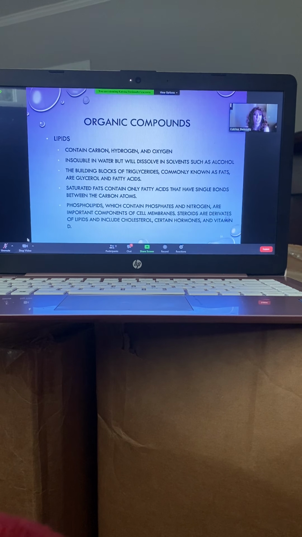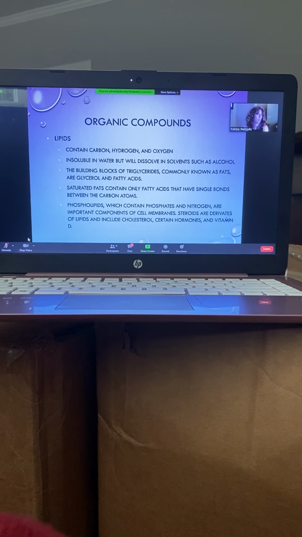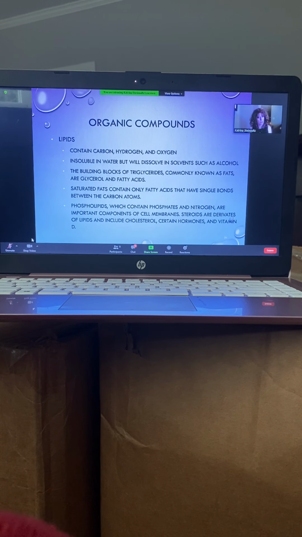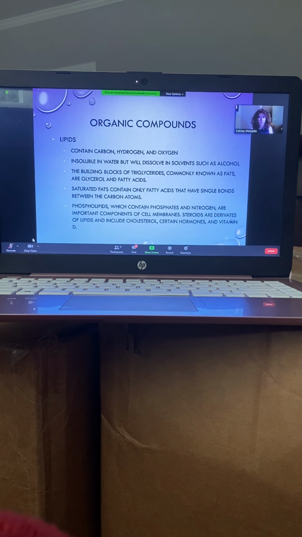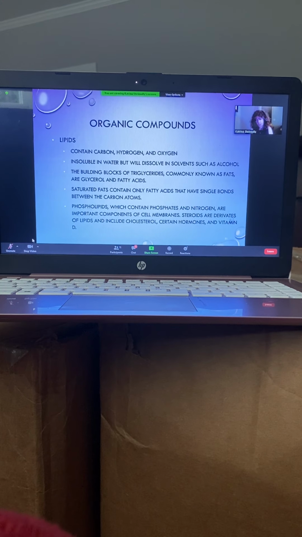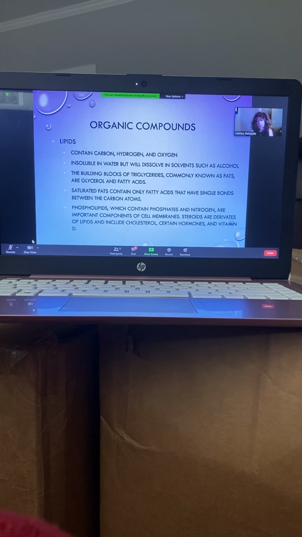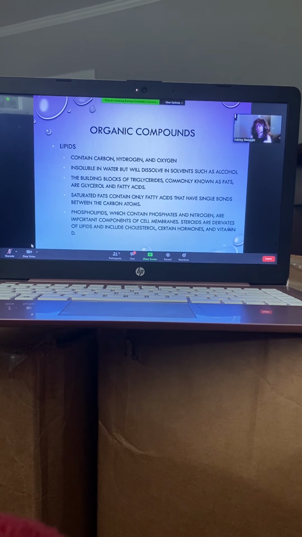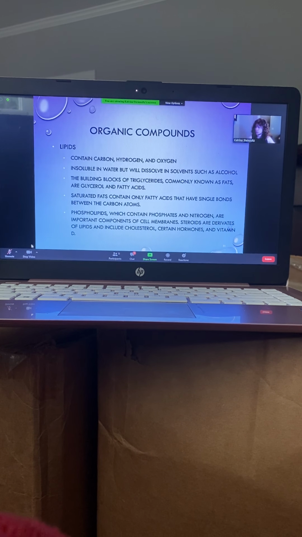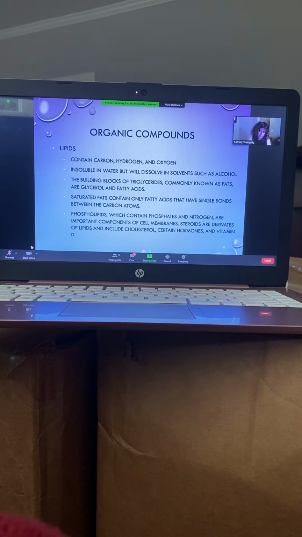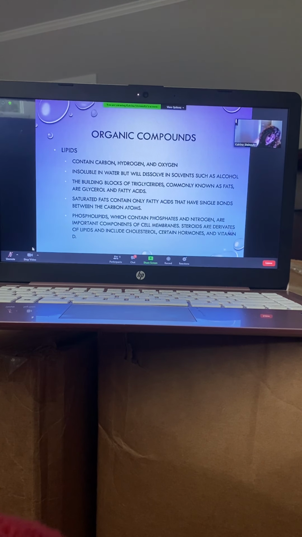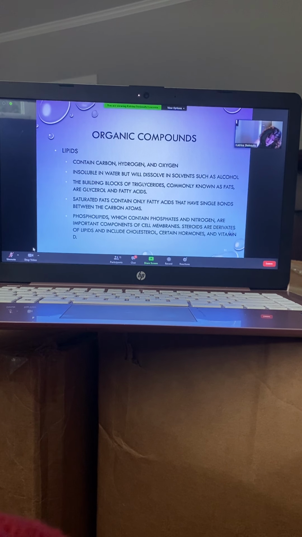And then the last thing is your lipids, and your lipids are just basically your fats. So they also contain carbon, hydrogen, and oxygen, but usually the oxygen is a much lower ratio.